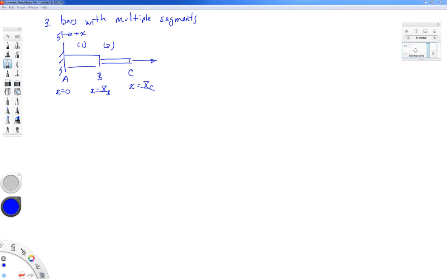If we want to find out how much this structure elongates, how much its deformation is, we know that we have our general integral along the total length of the bar of F over AE dx.